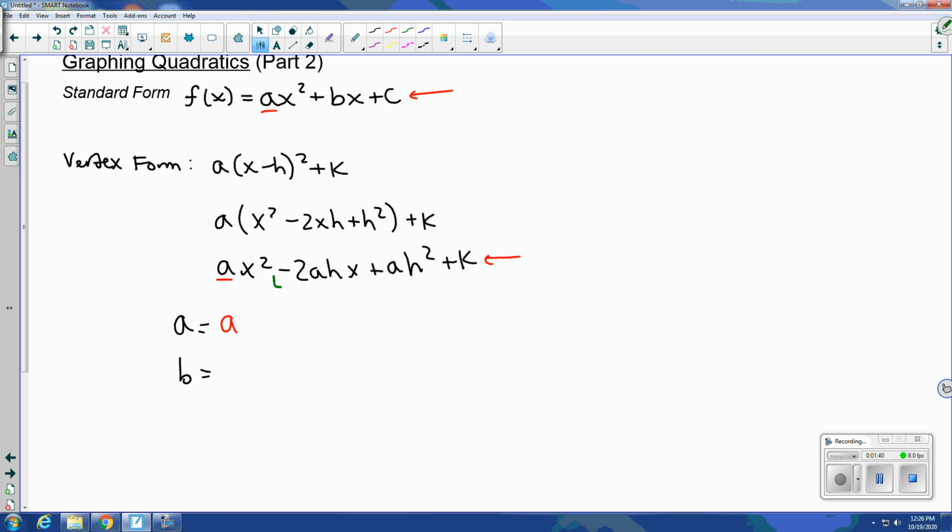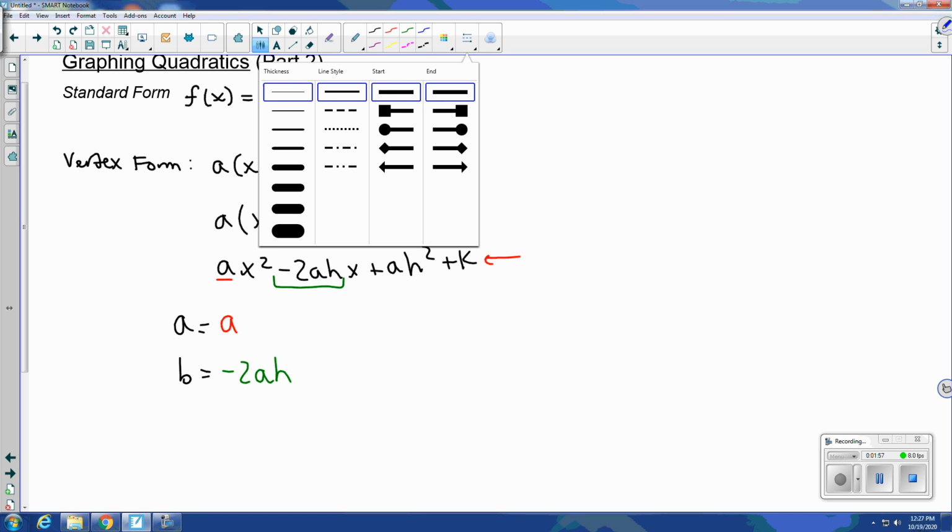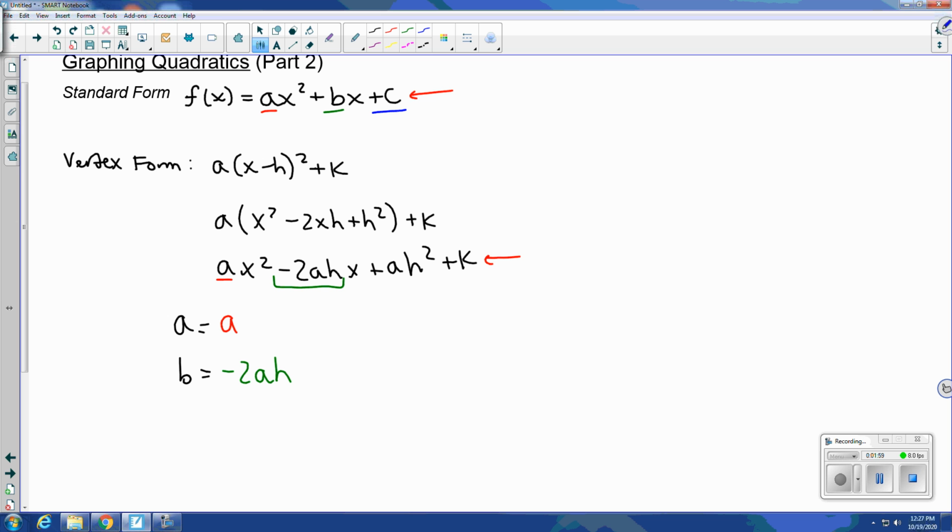What is in front of the linear term x but this minus 2ah? So we're going to write minus 2ah. That's what our b corresponds to in our standard form. And then lastly, our c corresponds to that ah squared plus k. So we can say c equals ah squared plus k.